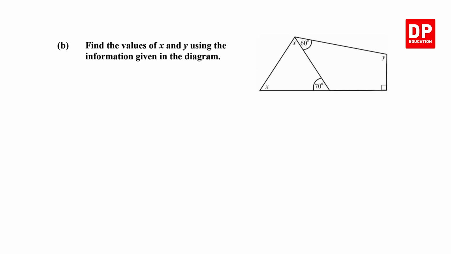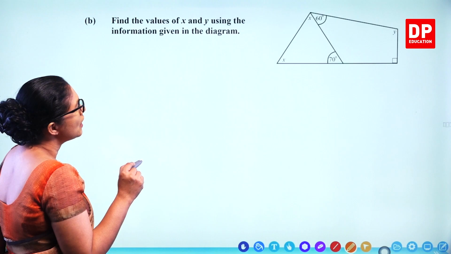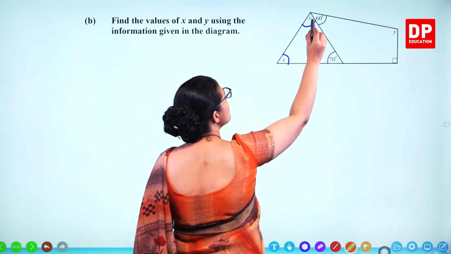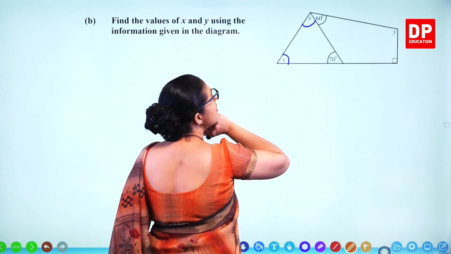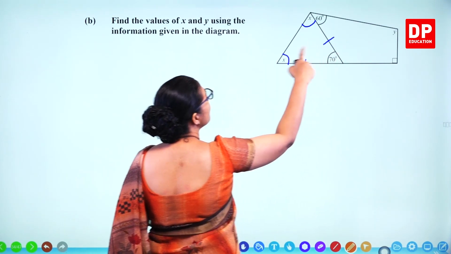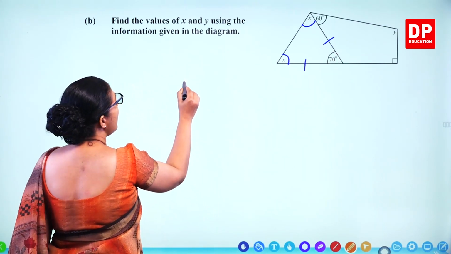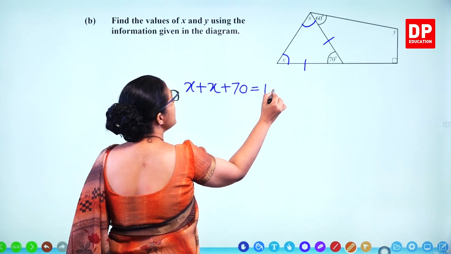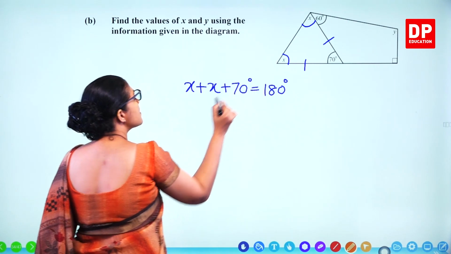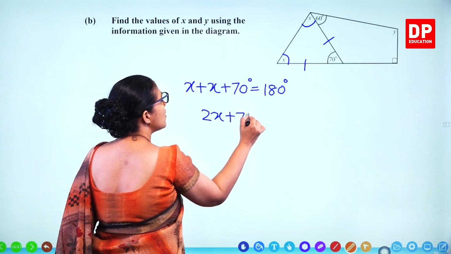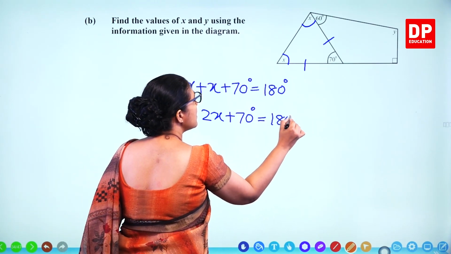Part B, find the values of x and y using the information given in the diagram. How can we find out? Can you see? This angle is same as this one. So this is an isosceles triangle. You can easily find out. x plus 70 is 180, angle sum of a triangle. 2x plus 70 equals 180.